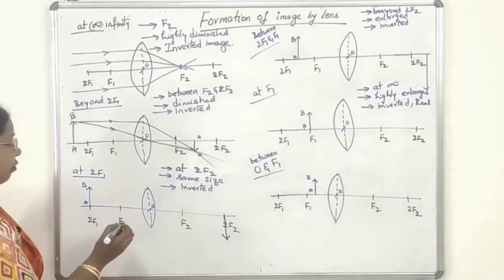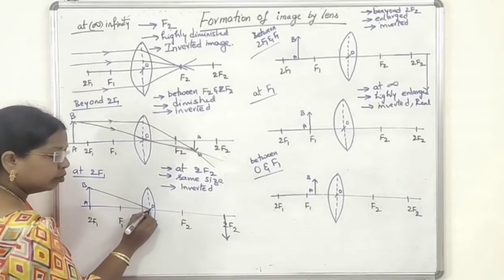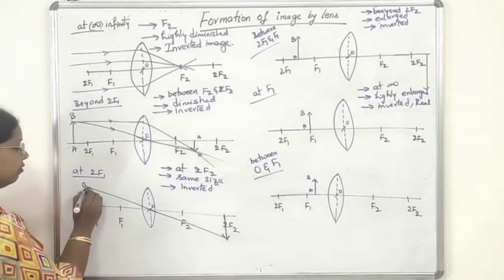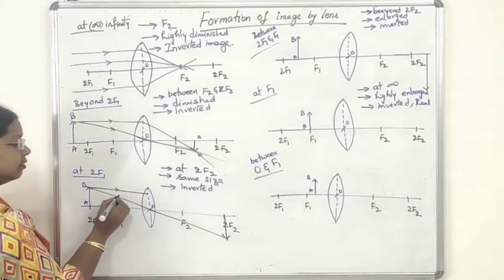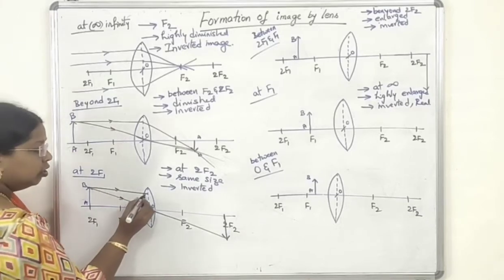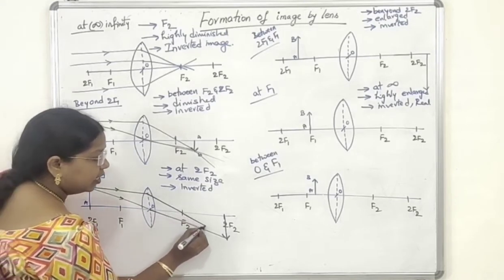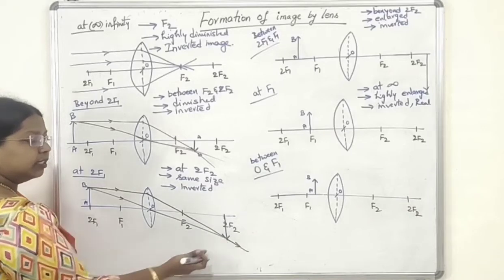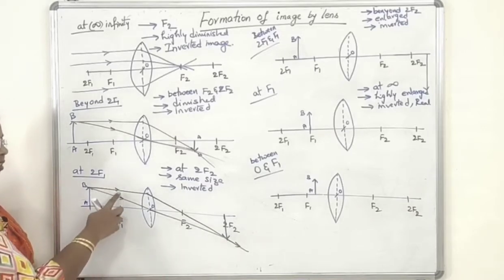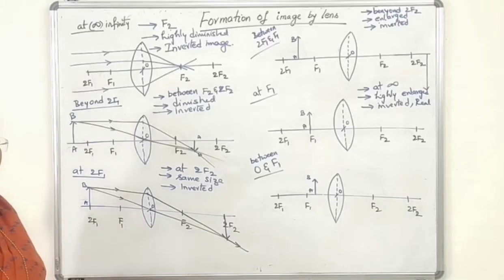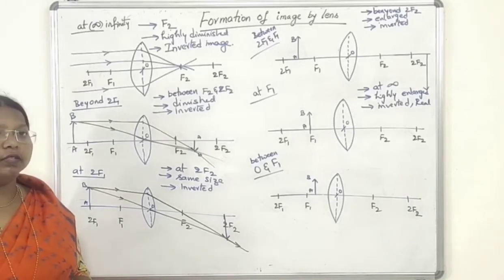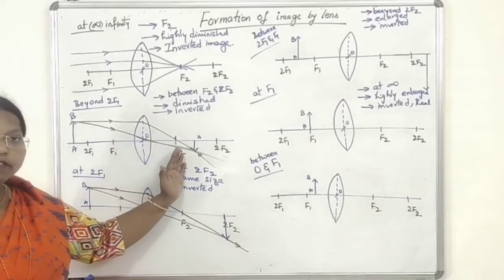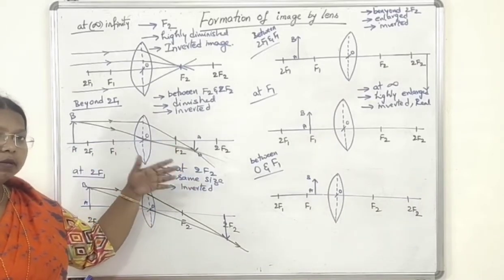Next, moving here, two rays. One from the optical center, no deviation, goes straight. Second one, parallel to the principal axis. It passes from F2 and then meets here. These two will meet at this point. Are you understanding? So I am telling you the easiest way to draw ray diagrams. First we finish the positions of the object, then the positions of the images, and the nature and size of the images.